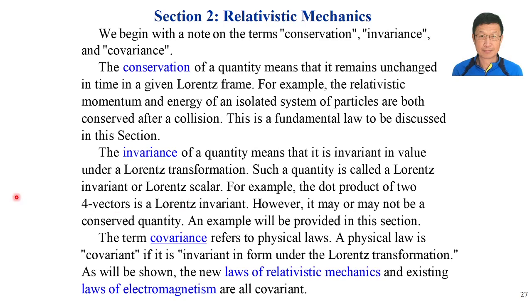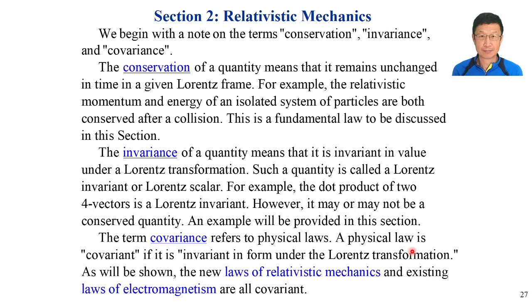Third, the term covariance refers to the physical law. A physical law is covariant if it is invariant in form under the Lorentz transformation. Remember, for special relativity, we have two postulates.